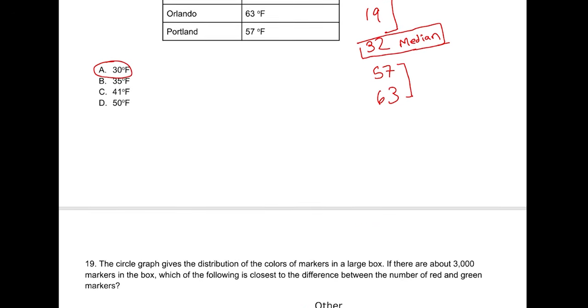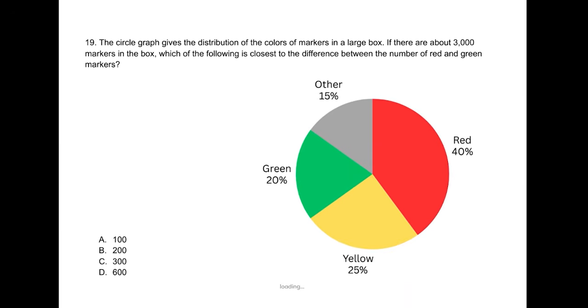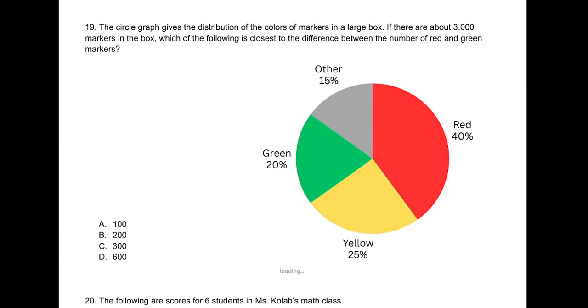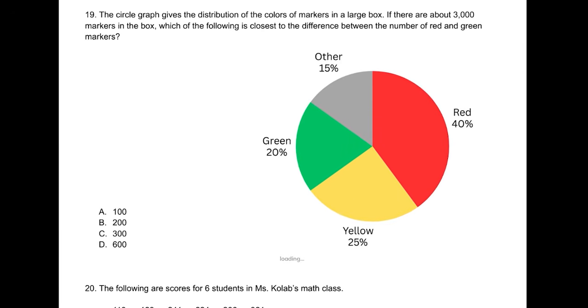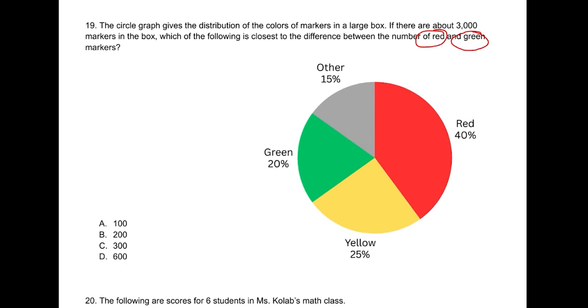All right, we've got two last problems here. Number 19 says, the circle graph gives the distribution of colors of markers in a large box. If there are about 3,000 markers in the box, which of the following is closest to the difference between the number of red markers and green markers? So to answer this, we need to know exactly how many red and green markers there are.